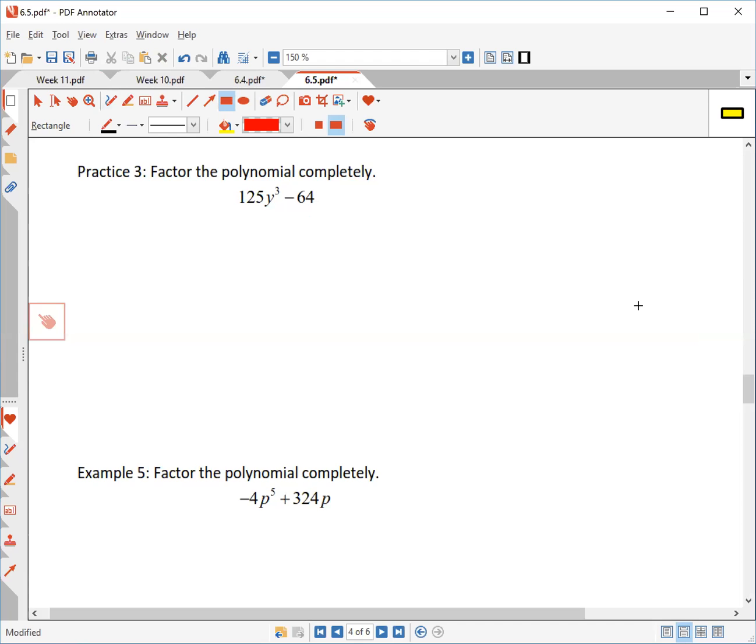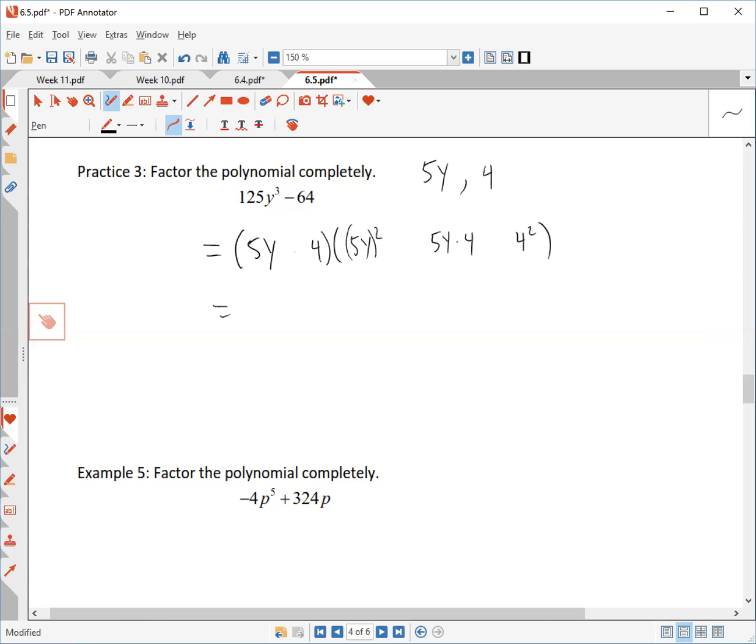So the 125 is the cube of 5. The y cubed is the cube of y, and 64 is the cube of 4. So those are two pieces. We've recovered them. Now we square the 5y, take the product of the 5y and the 4, and square the 4.